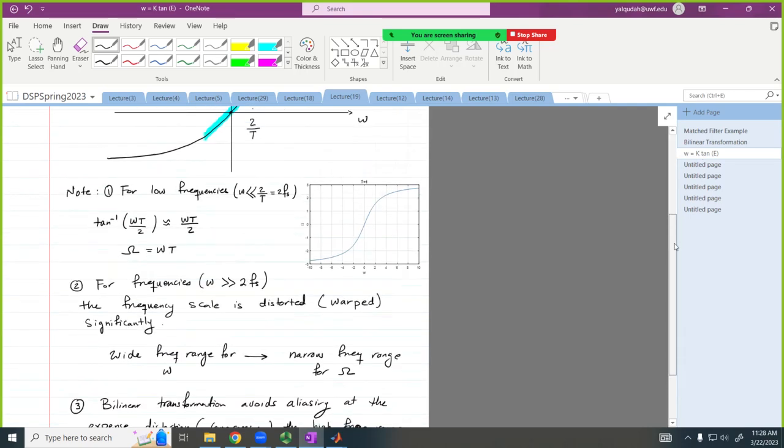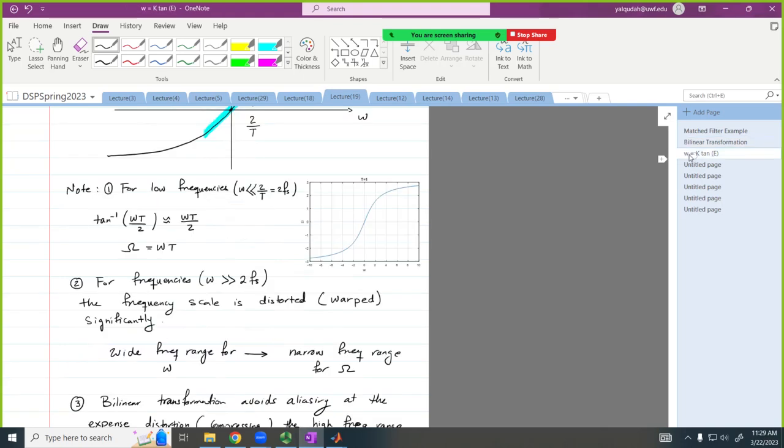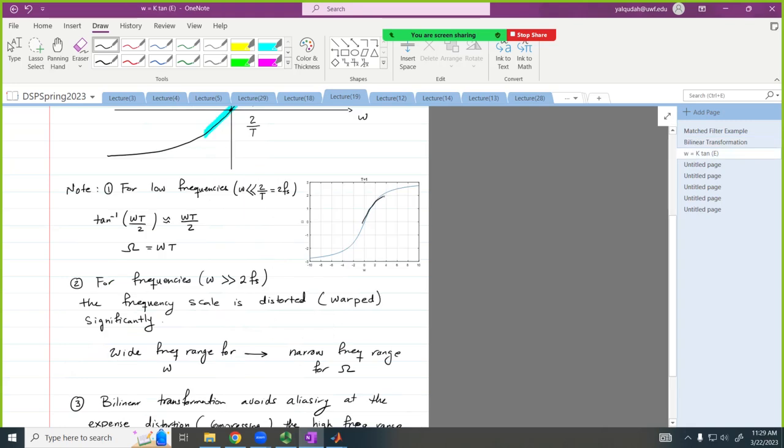This is the curve of W versus omega, which is this curve of omega versus W. Just flip across the edge. Make sense? So if I were to take this and just flip it like this, it's going to be this curve here.